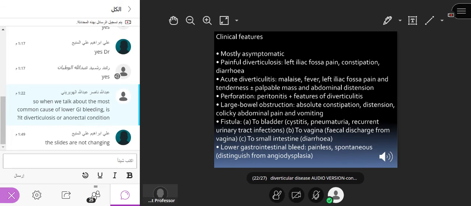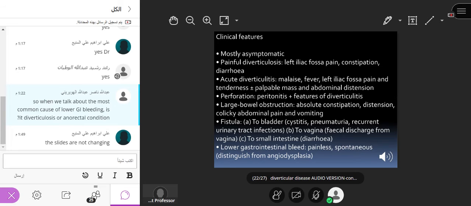Or it may lead to fistula formation. We have discussed everything actually: to the bladder, to the vagina, to the small intestine. So coloileal, colovaginal, and colovesical. If it is colovesical, there will be cystitis, hematuria, and recurrent urinary tract infections. Makes sense, right? Cystitis, burning micturition, maybe fever with rigors, and hematuria.